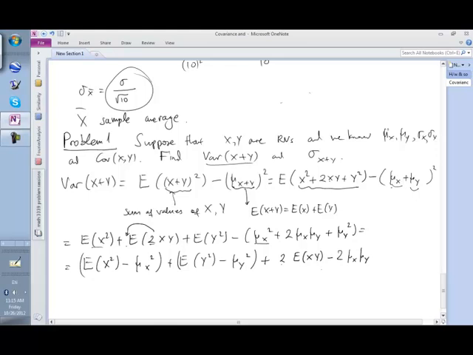And of course, I can factor out 2 here. Let me do it directly, so I can have this. And if you see, the first parenthesis here is the variance of x. The second parenthesis is the variance of y. And the third parenthesis is 2 times the covariance of x comma y.